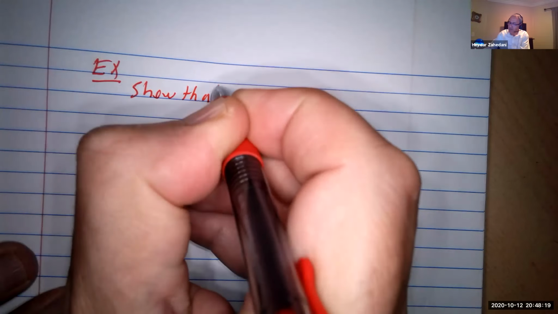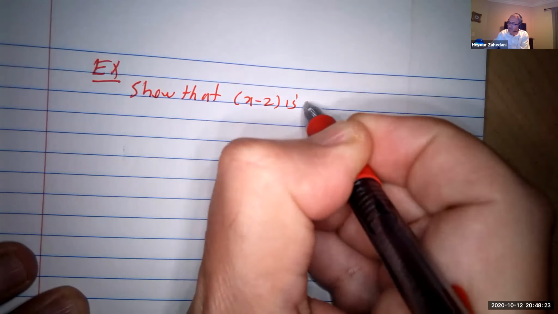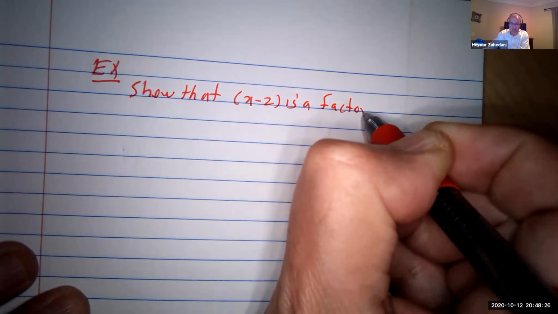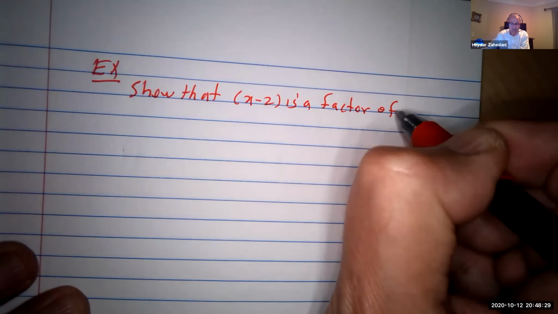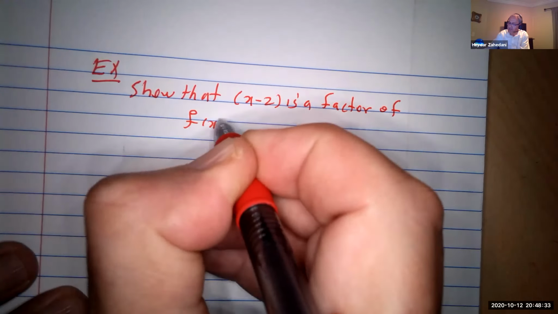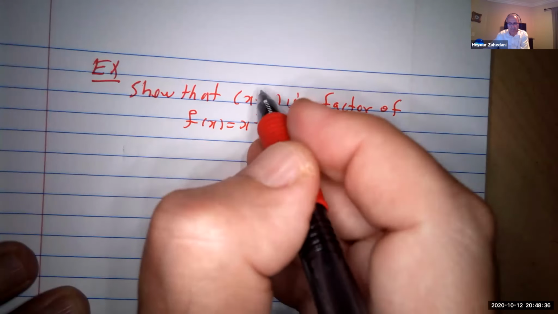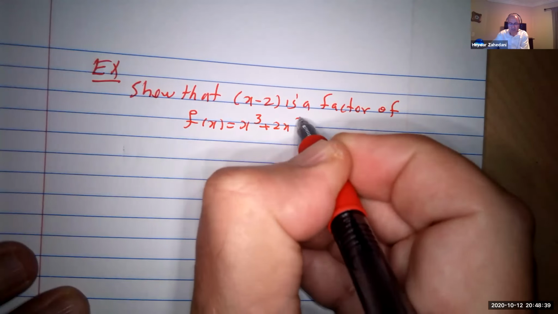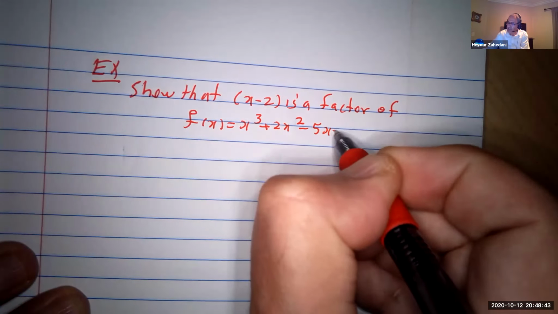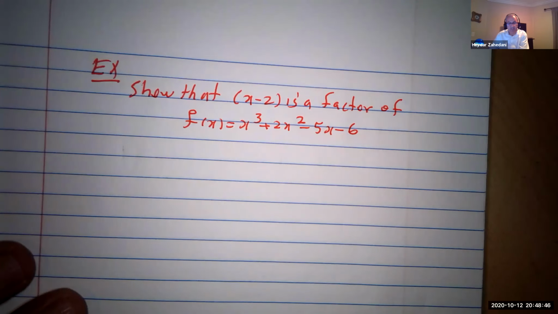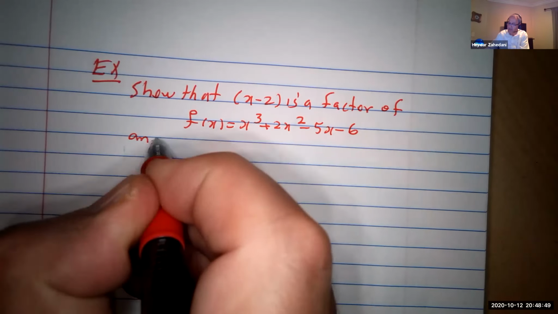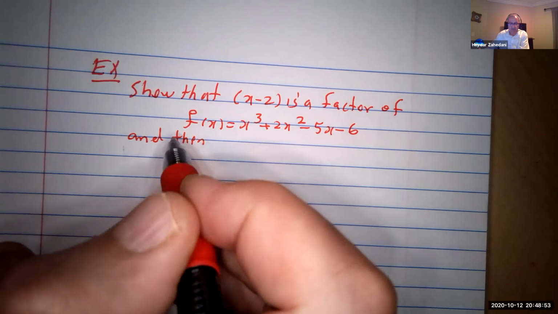We are going to ask you to show that x minus 2 is a factor of f of x equal to x cubed plus 2x squared minus 5x minus 6, and then give us a complete factorization.